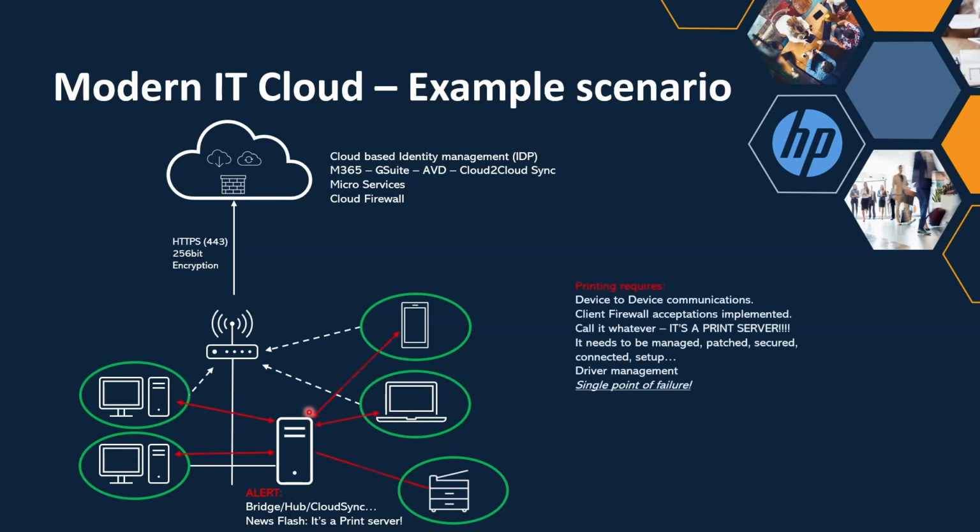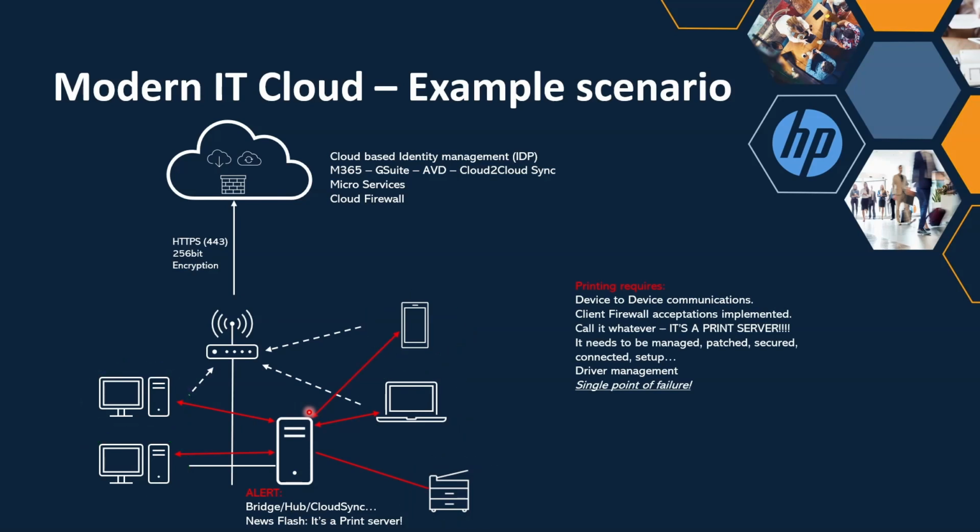And unfortunately, that again has led to device-to-device communication lines. We have exceptions there. We've now introduced a print server, whether it's been renamed to something else or not, or it's a Linux or a Windows, it doesn't matter, it's a print server.